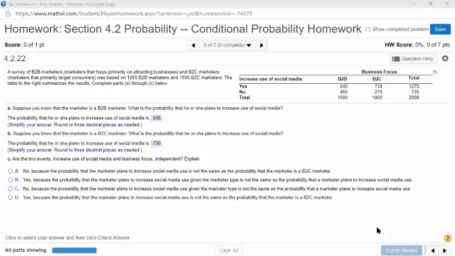We can test it numerically, but I think it's pretty obvious that they aren't independent. Well, let's see why, because they have different calculations. The conditional probabilities were both different answers. Are they independent? I think it's going to be one of the no's. Let's see which one it is here. Same as the probability of B2. I'm trying to see if I can get away without doing the formula for this.